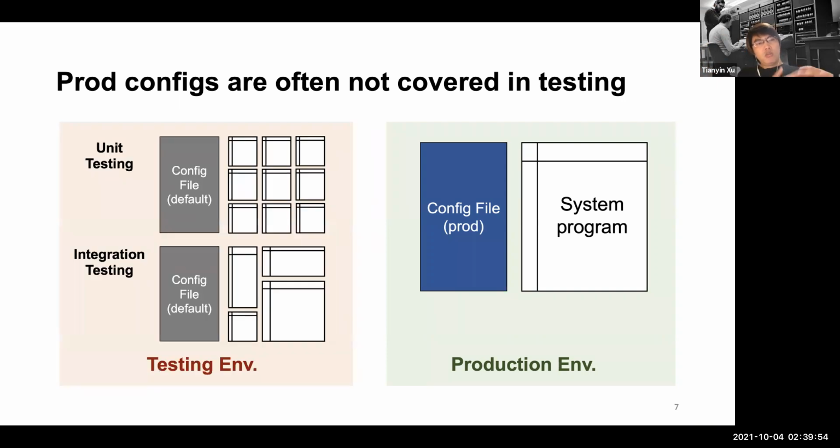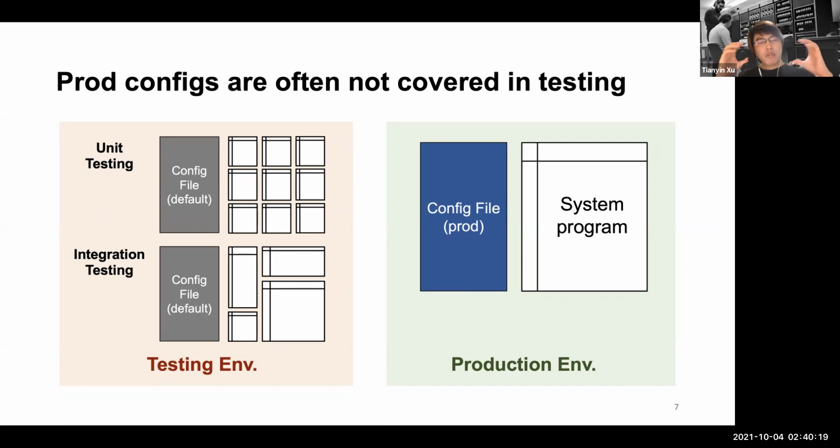So we looked at all kinds of tests that developers write in many open source codebases. And what we realized is that those tests do not have a way to use production configurations. Instead, most of them use the default configuration or some hard-coded test configurations.